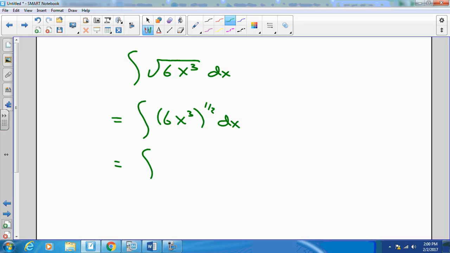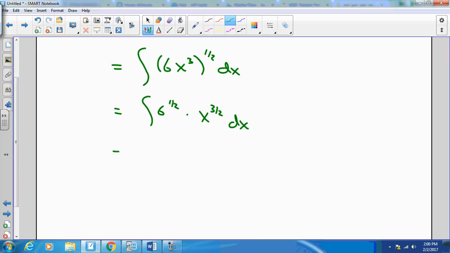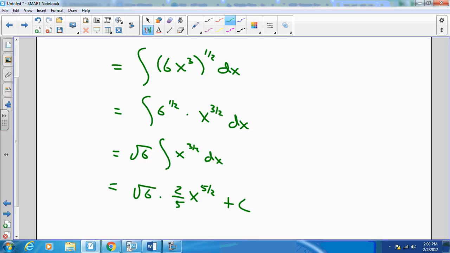And I do have some exponent properties that can apply here. So that when I apply them, I now get a constant times the antiderivative of x to the 3/2. And hey, look, that's an exponent. Add 1 to the exponent. Divide by the new exponent. And we're done. So a little bit of algebra makes it all happen.